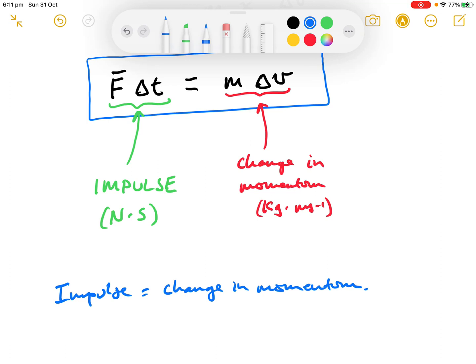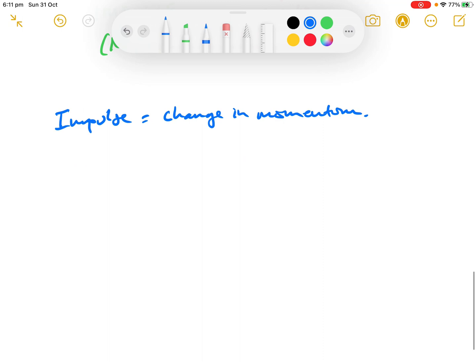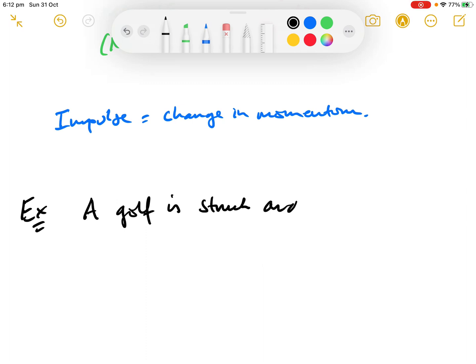Okay, let's do a little example then. A golf ball is struck and leaves the club at 40 meters per second.